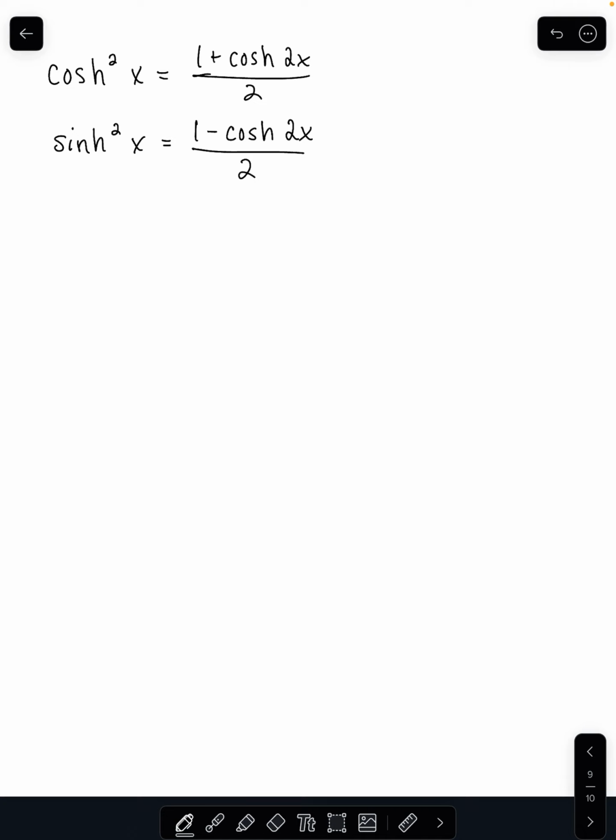And in that case, they become invertible. Yes, the hyperbolic functions have inverses as well. Now, trying to derive them is not really reasonable to do.